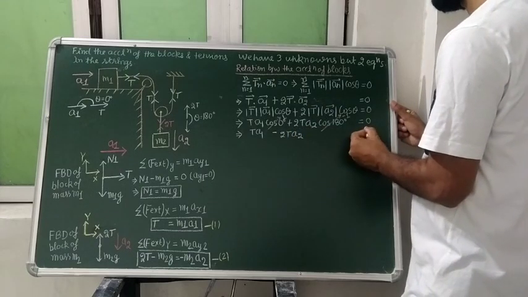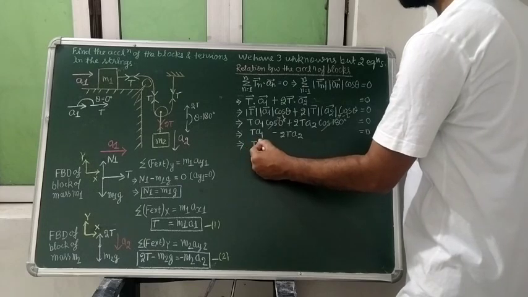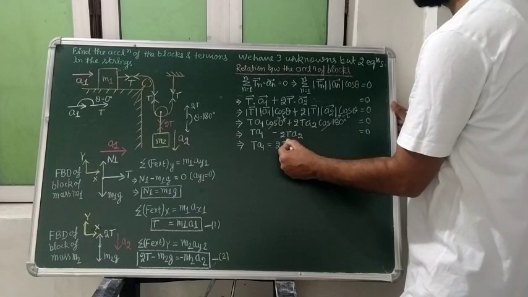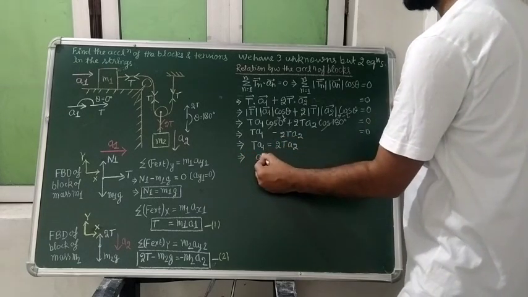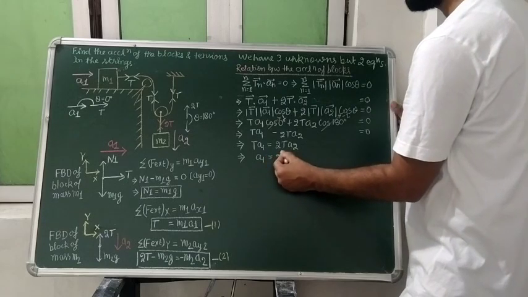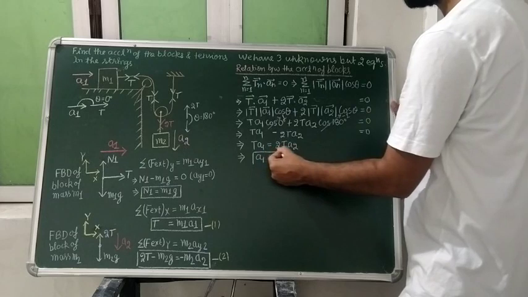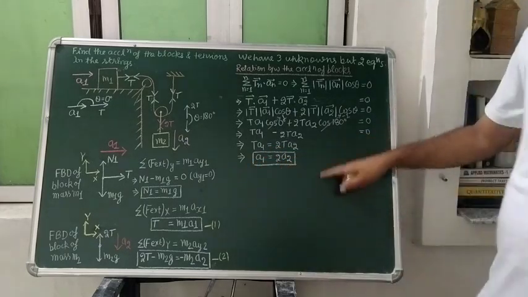That should be equal to 0. Meaning T A1 will be equal to 2T A2, or you can say T will get cancelled out. A1 will be equal to twice of A2. So students, I will say to find the relation in this way.